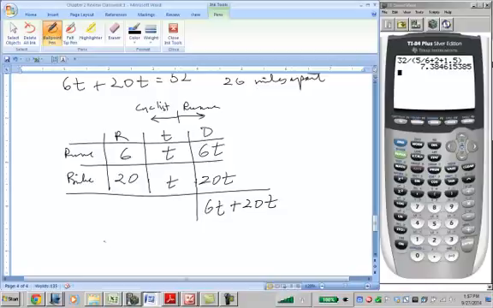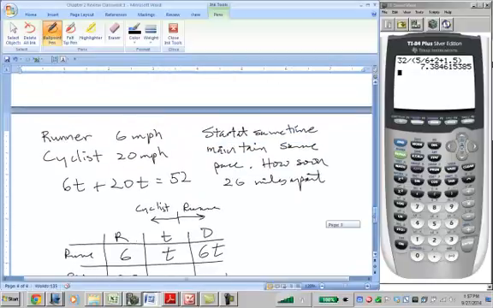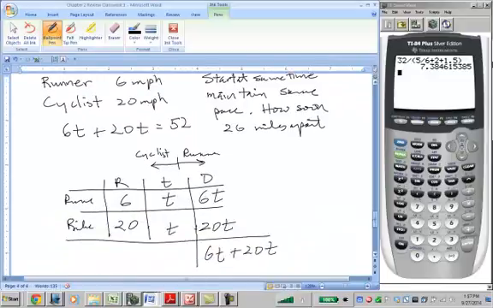So 6t plus 20t equals 26 miles. 26t equals 26. t equals 1. So in 1 hour, they will be 26 miles apart.